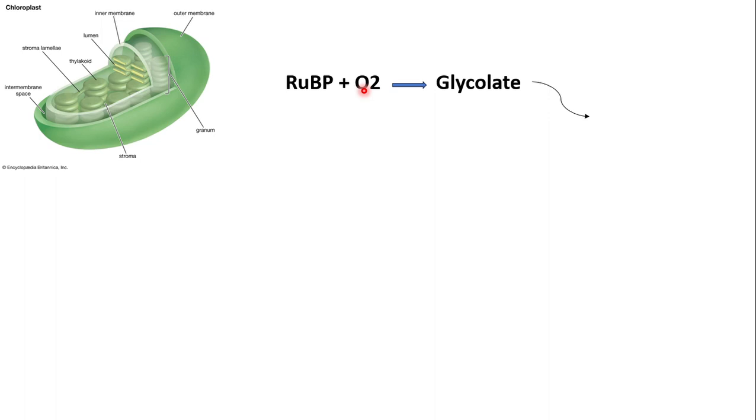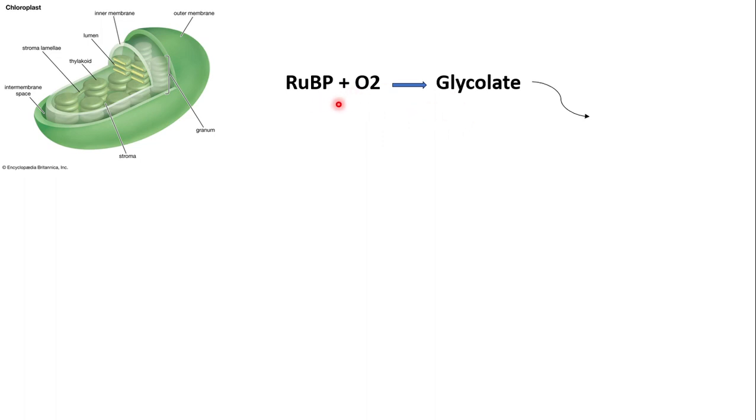And how will you determine whether it will act as oxygenase or carboxylase? It depends upon the relative amount of oxygen and carbon dioxide in the plant. If the amount of oxygen is greater, then Rubisco will act as oxygenase, and if the amount of carbon dioxide as compared to oxygen is greater, then Rubisco will act as carboxylase.